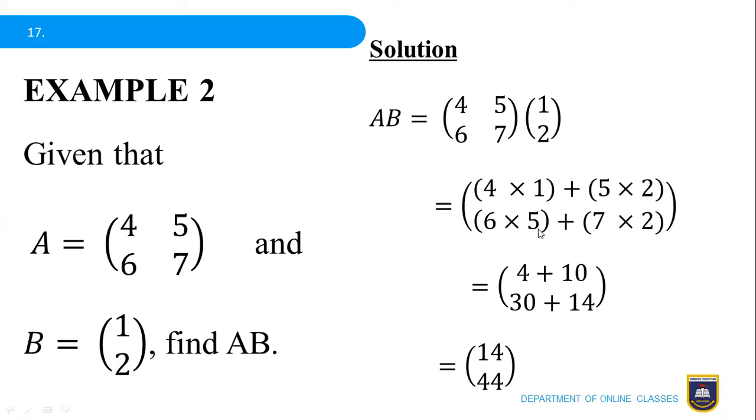So 6 times 1, instead of 5, it should be 1. Then 7 times 2 is also 14. So 4 times 1 we get 4. 5 times 2 is 10. This is 6 times 1, so it's supposed to be 6. And that will give us 14, 20. 14, 20, not 14, 44. Okay.